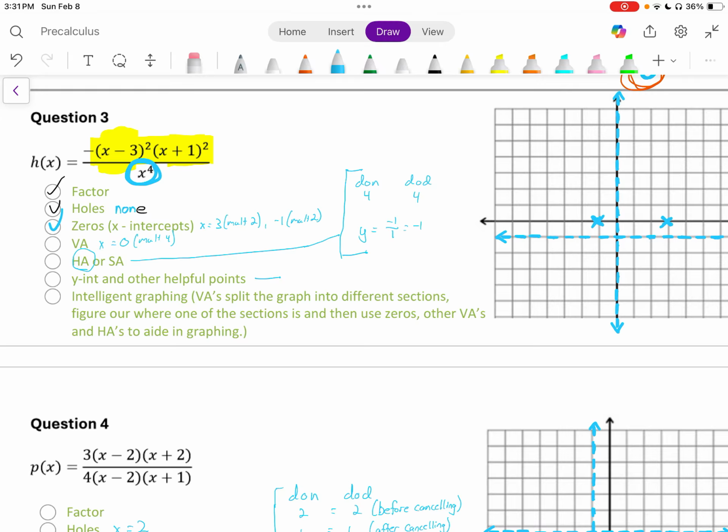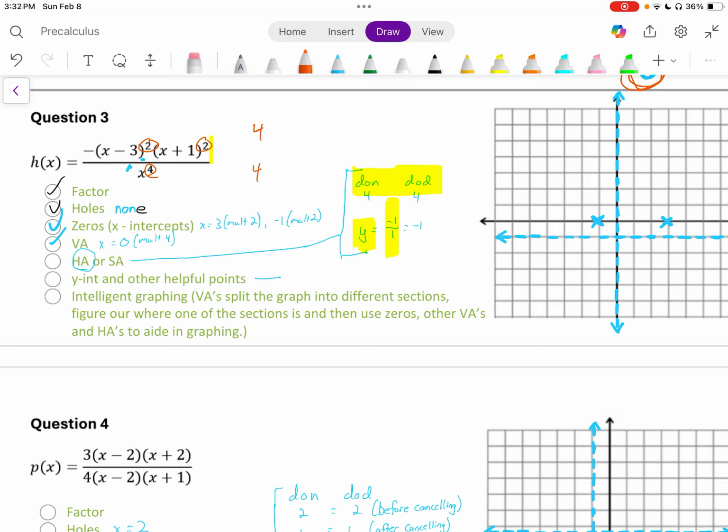So we've done zeros, we've done vertical asymptotes. Let's look at the degree of the numerator compared to the degree of the denominator. They are both 4, so they're equal. And so we'll have y equals the leading coefficient of the numerator over the leading coefficient of the denominator. Coming back up to looking at our function here, this is a squared and a squared, so the degree of the numerator is 4, degree of the denominator is 4.